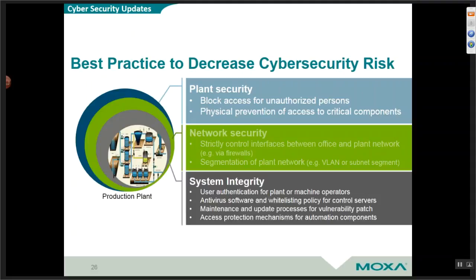Finally, making sure that you have the proper system integrity. This includes things like user authentication, either via Radius or TACACS or something similar, for plant or machine operators.